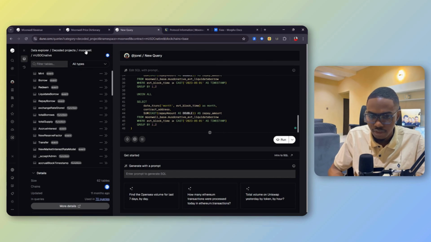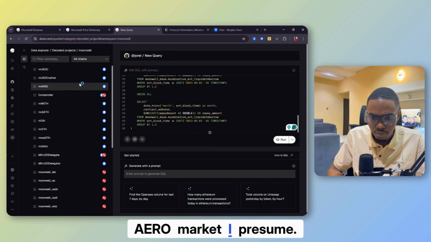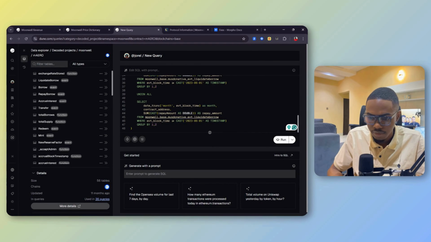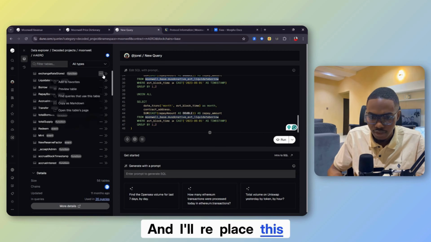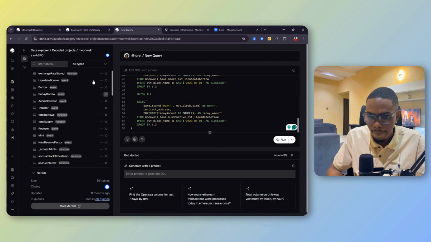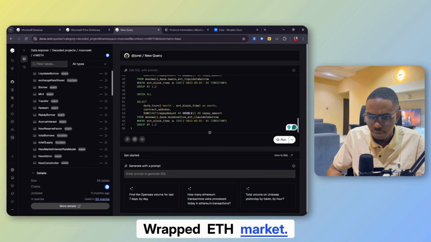Paste again. Next market is the error market, I presume. Yes, and I'll replace this event, liquidate borrow. Paste again. Wrapped ETH market.